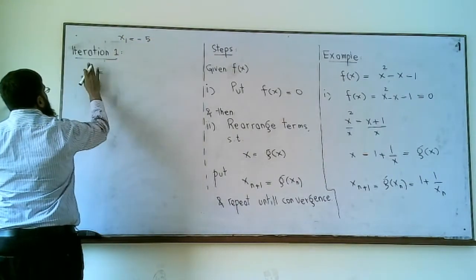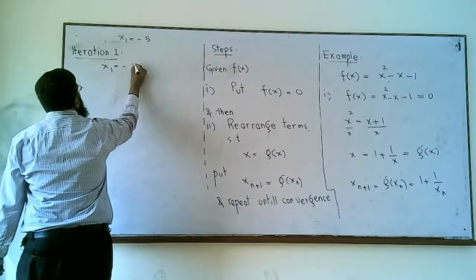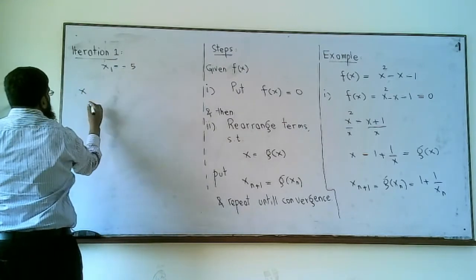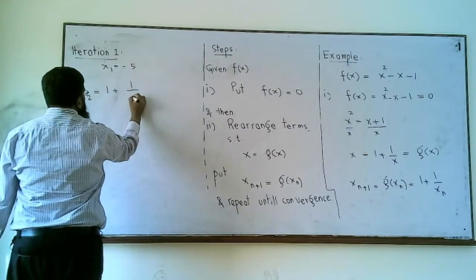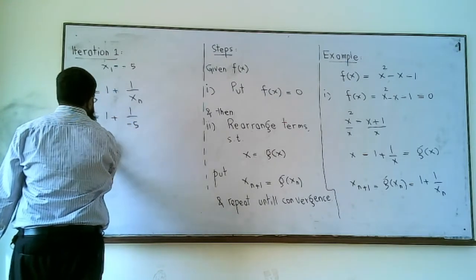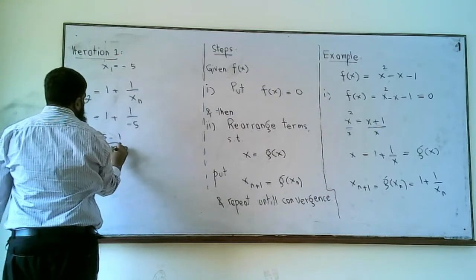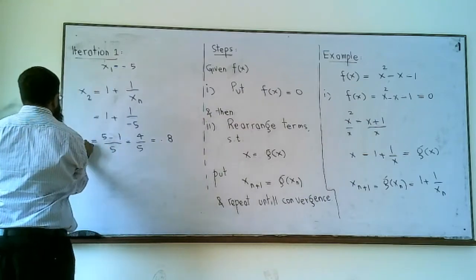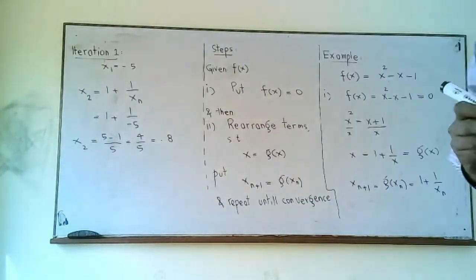At the end of iteration number 1, we compute x sub n plus 1, that is x2, which is equal to 1 plus 1 over x sub n, that is 1 plus 1 over minus 5. So this is 1 minus 1 over 5, that is 4 over 5, which is 0.8. So this is x2. X2 is 0.8.